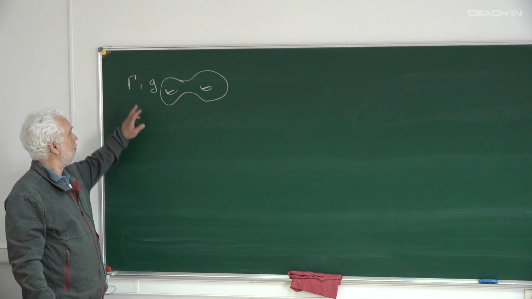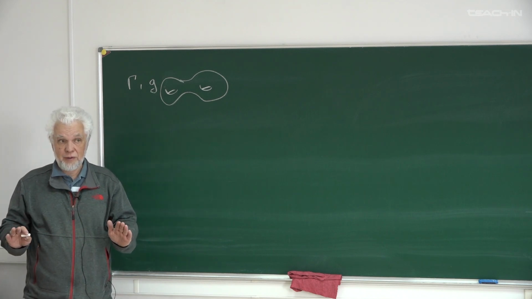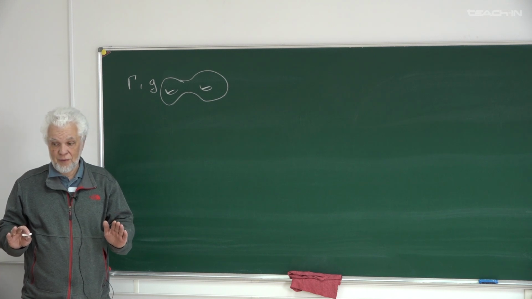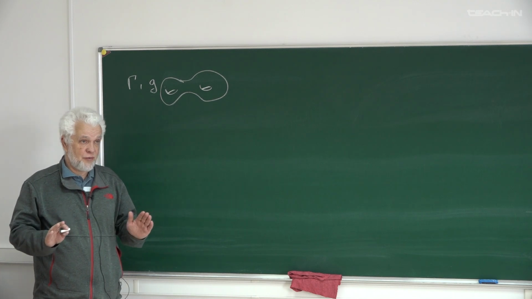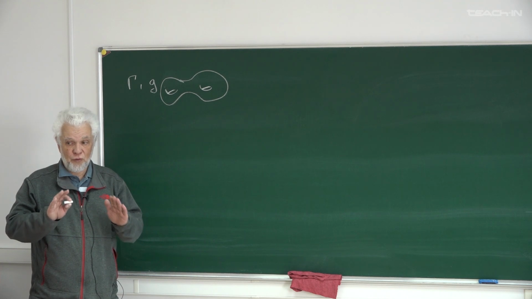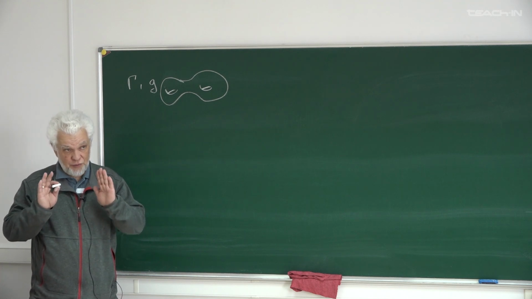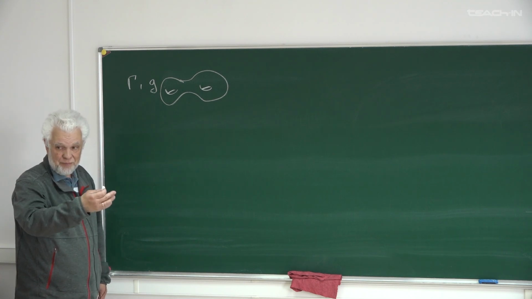You have a Riemann surface, and its topology is completely determined by the genus. But if you consider Riemann surfaces from the conformal point of view, or from the point of view of complex structure, which is equivalent, then we have, for example, different tori.